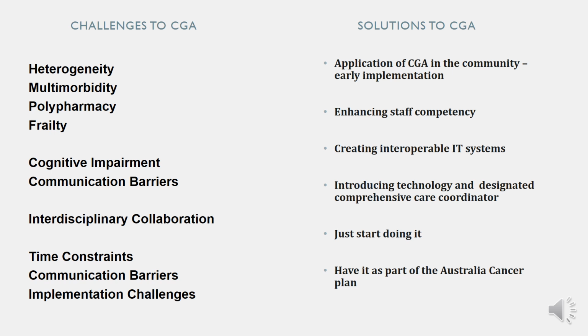They have multiple coexisting health conditions, which can complicate diagnosis and treatment planning. As we've mentioned before, polypharmacy, so it can lead to drug interaction side effects and difficulties with medication management. There is a degree of frailty, not in all of the population, but in some of the population. So we can have decreased physiological reserve.